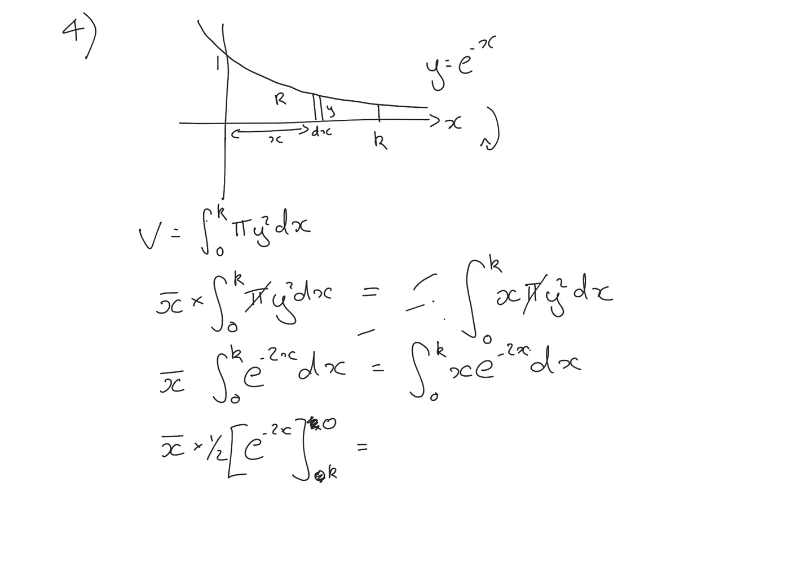Equals, well, this is going to be by parts, so however you do your parts, x over 2 e to the minus 2x with a minus, and then we're going to put that.